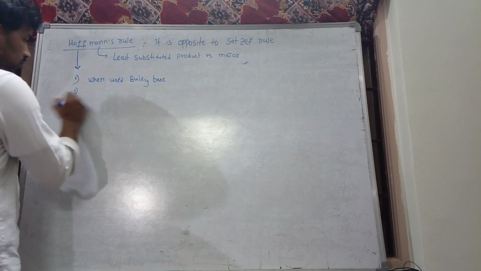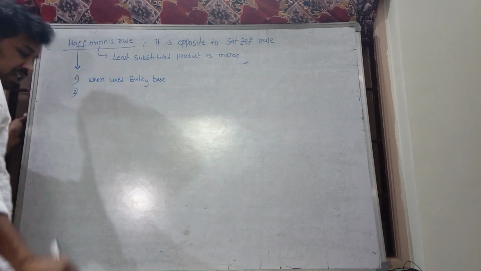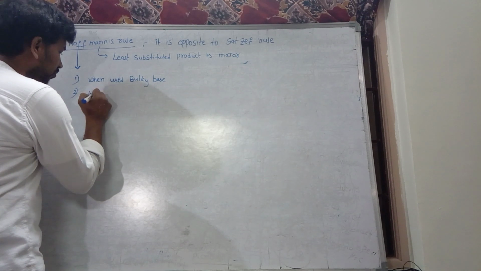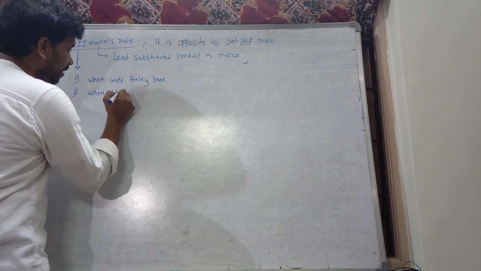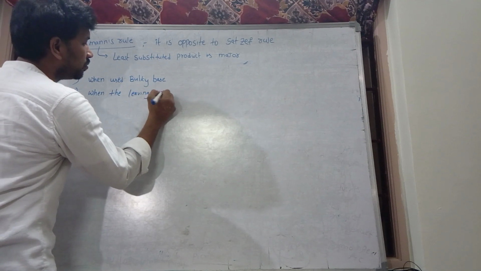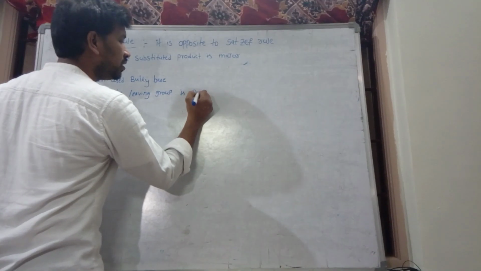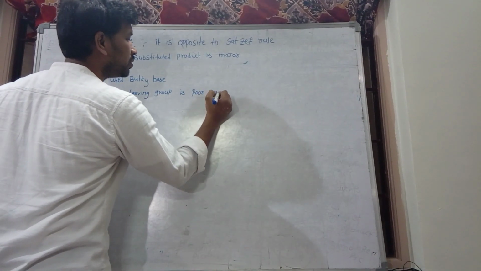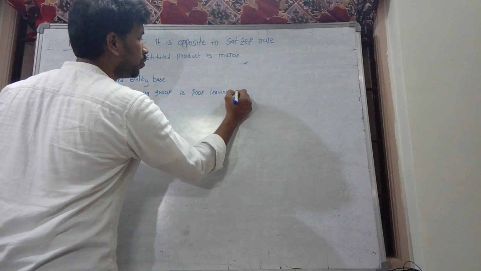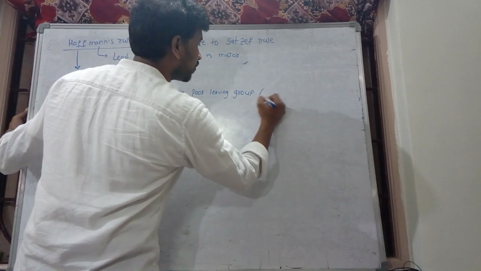Number 2, when the leaving group is a poor leaving group, for example fluorine.